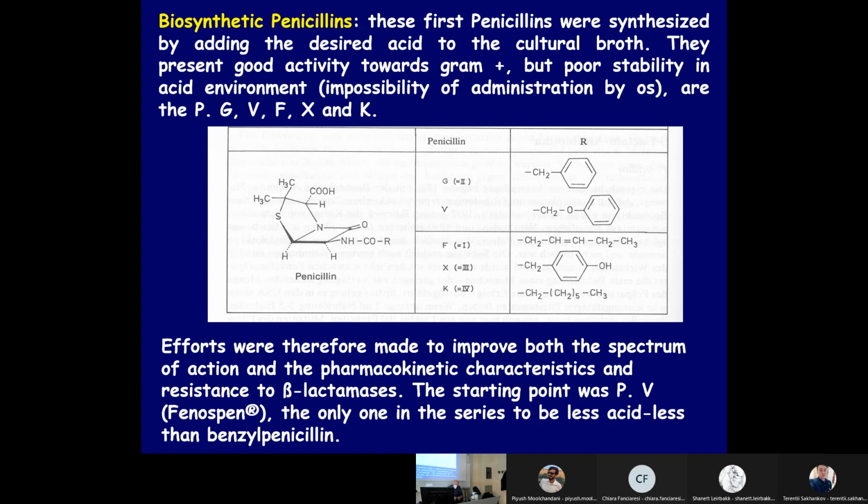Penicillin G was isolated by Americans in the USA during the Second World War. This molecule, penicillin G, has a lot of problems as a drug. It is stable only at physiological pH, 7.4.